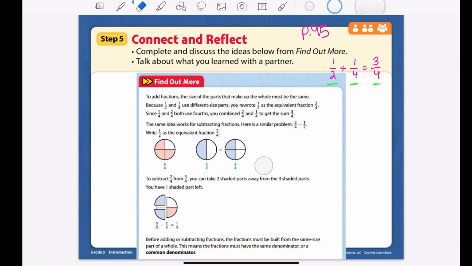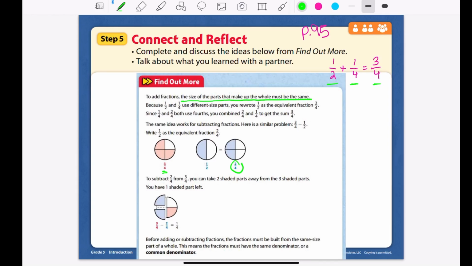That same idea is going to work for subtracting fractions. So here's a similar problem. We have 3/4 right here minus 1/2. It says write 1/2 as the equivalent fraction of 2/4. We know that we have to write it as the equivalent fraction because, again, it says the size of the parts that make up the whole must be the same.